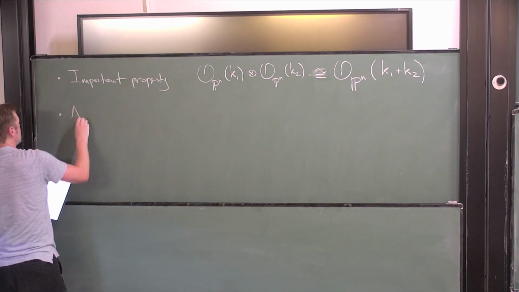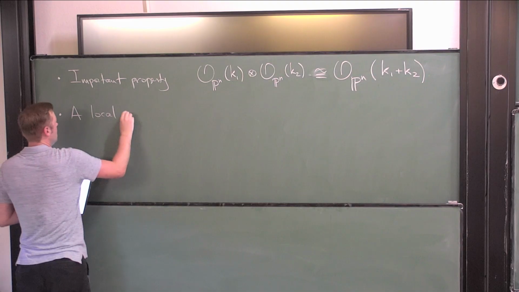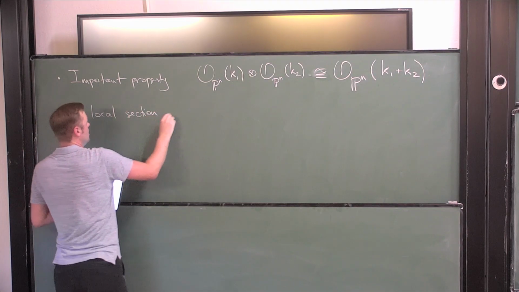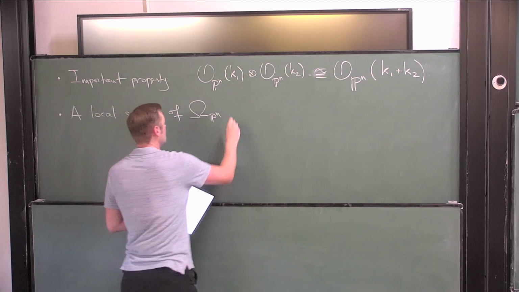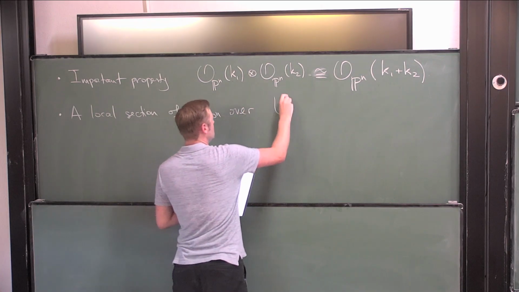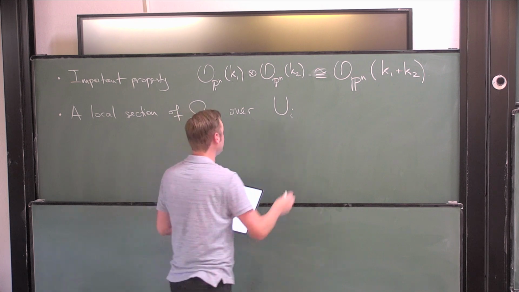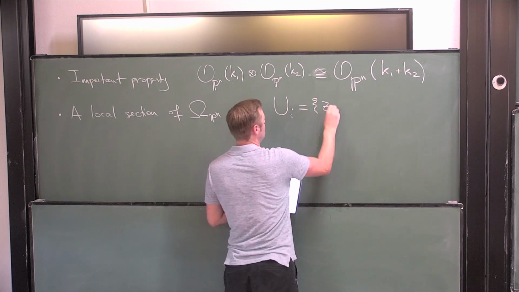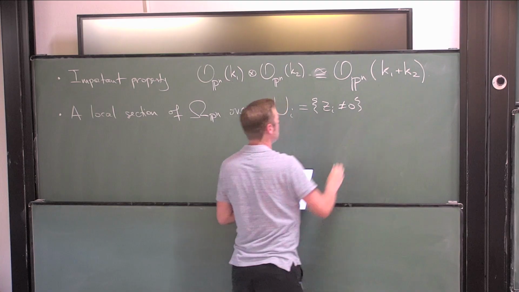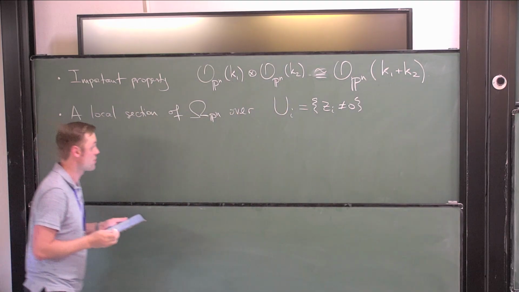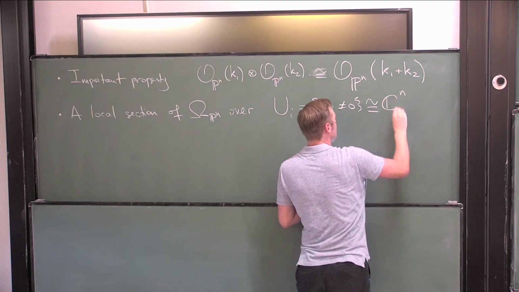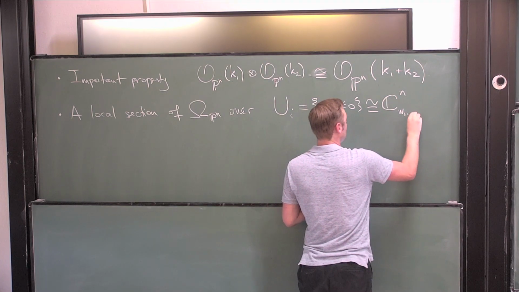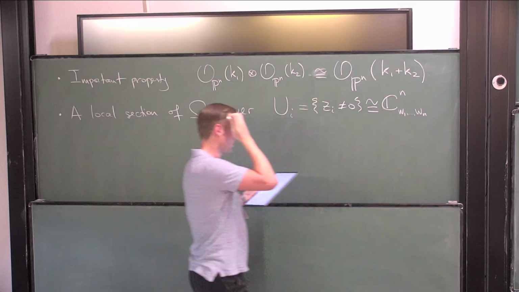So a local section of omega Pn over any affine chart, let's say U_i. Remember, this is the affine chart where Z_i is non-zero. And remember that I identified it with a copy of C^n with coordinates w1 up to wn.